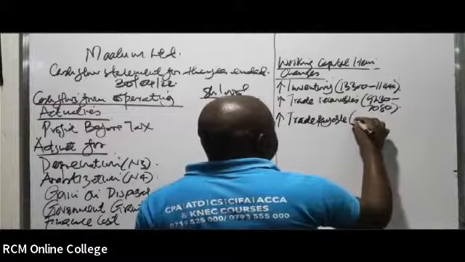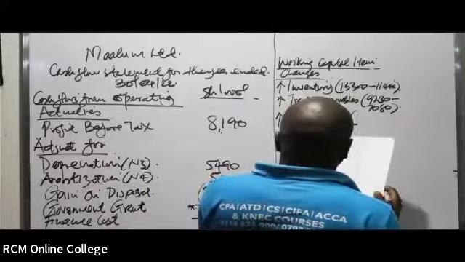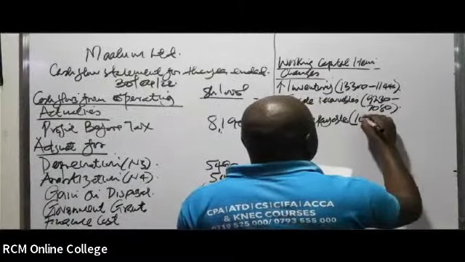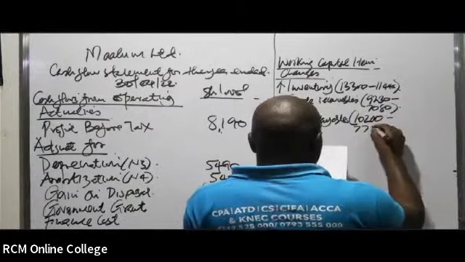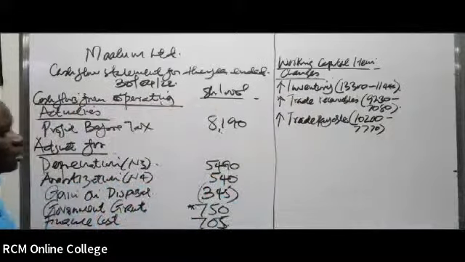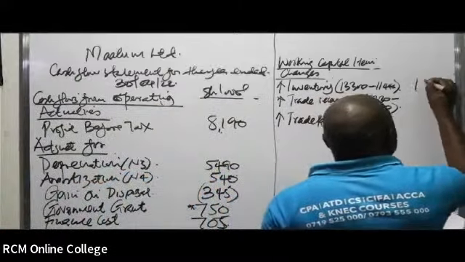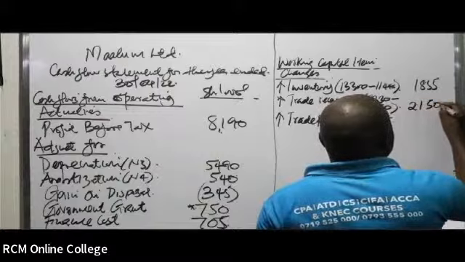For trade payables, there was an increase, so 10,200 minus 7770. For the increase in the inventory, you get a figure of 1855, and for receivables 2150.